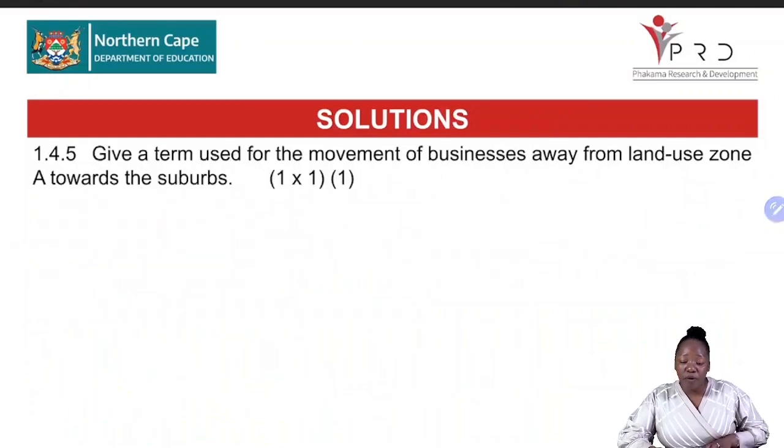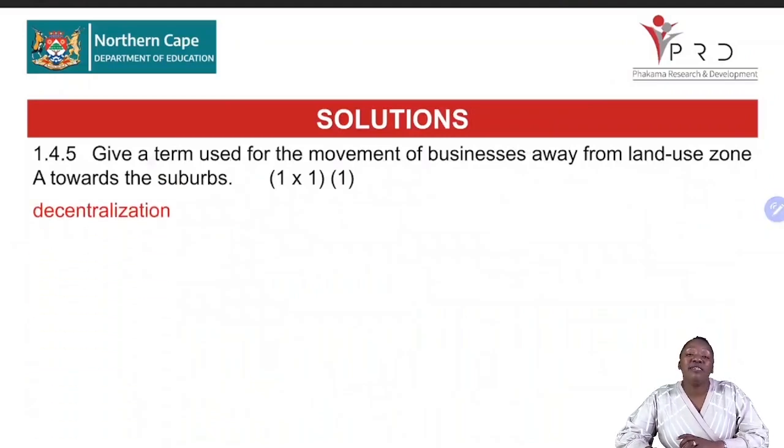Then your 1.4.5, you give a term that you use for the movement of businesses away from the land use zone A, which is the CBD, towards the suburbs. So we call it decentralization.